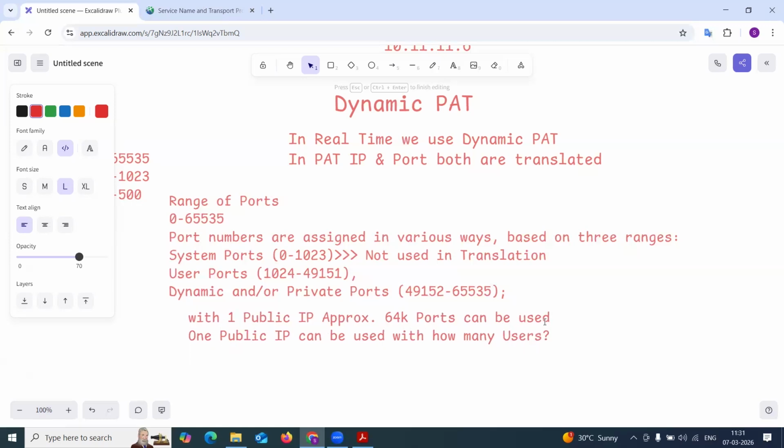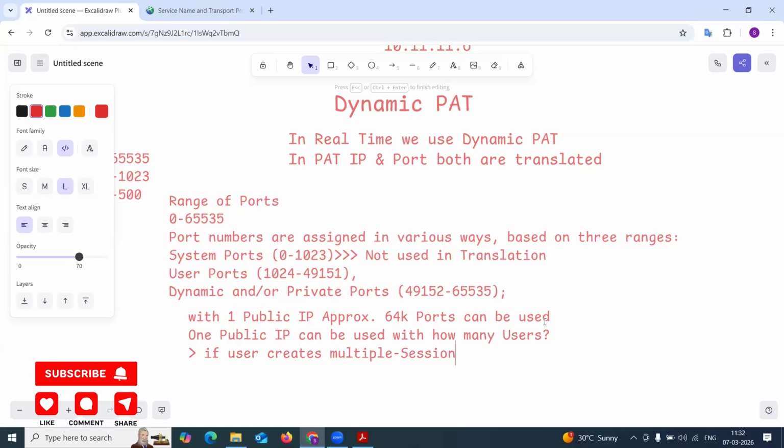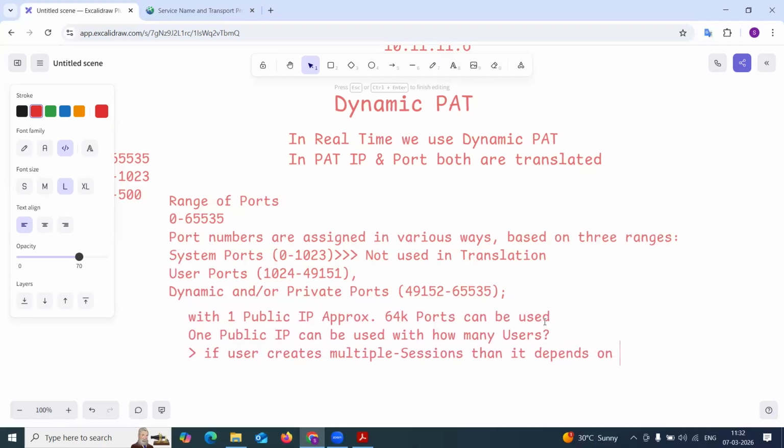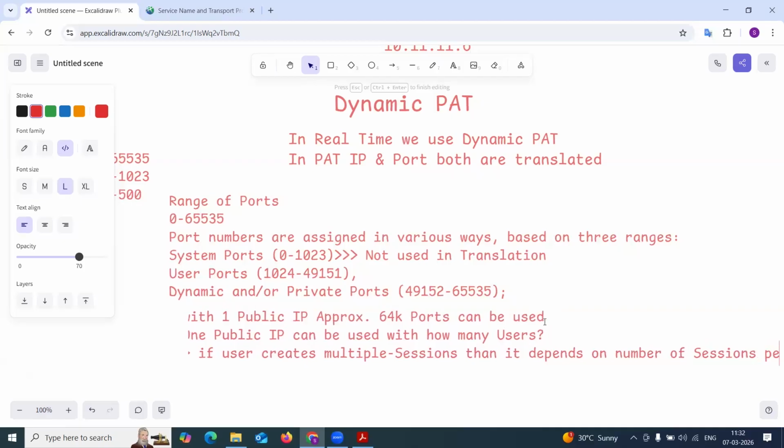That's the question. The answer is, if a user creates multiple connections, multiple sessions, then it depends on the number of sessions per user.